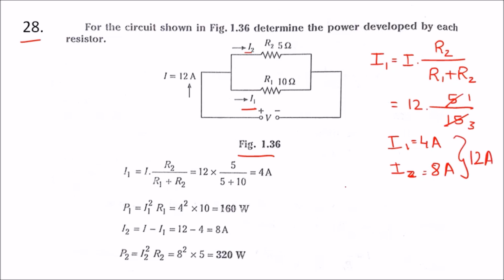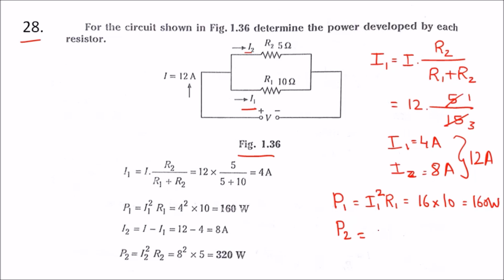Once we get I1 and I2, we can easily find P1 and P2. P1 is I1 square R1, that is 16 into 10, which is 160 watt.